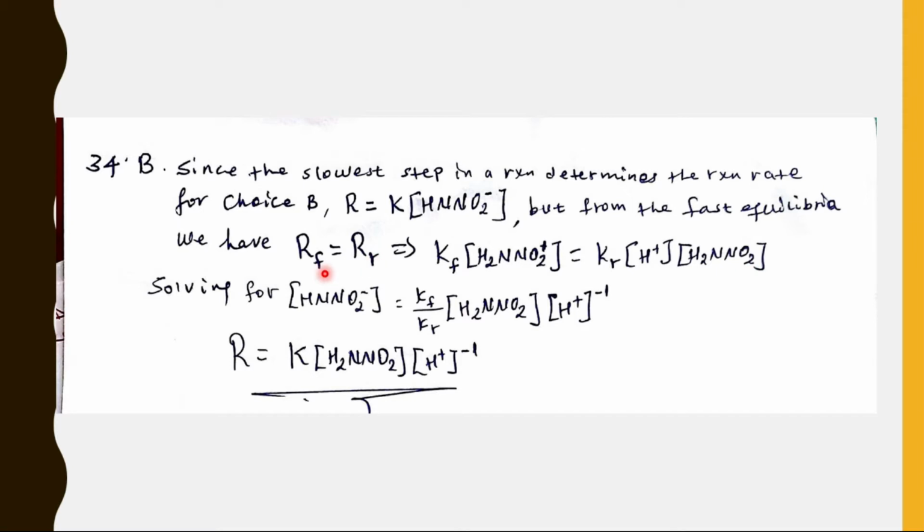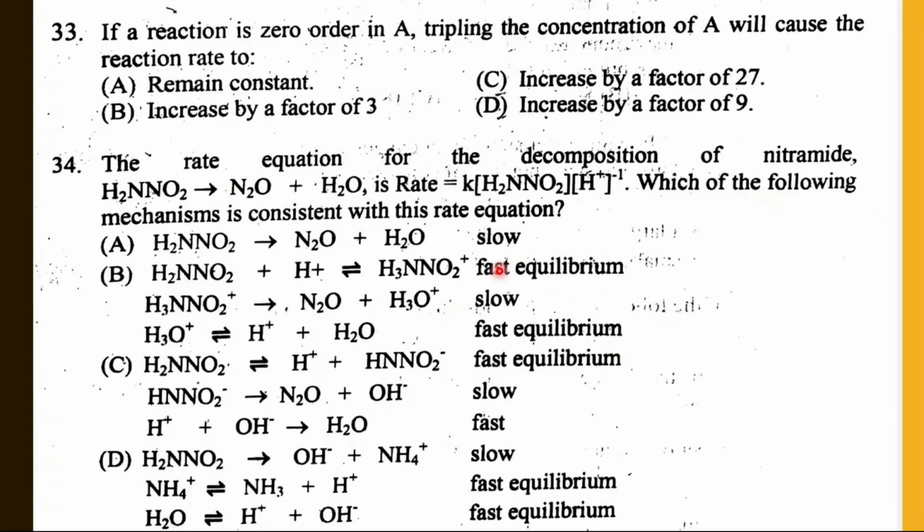Let's solve for the concentration of HNNO2 minus, and you will have R equals K times the concentration of H2NNO2 times the concentration of hydrogen to the power of minus 1. So we have choice B, which is the correct answer of this question.